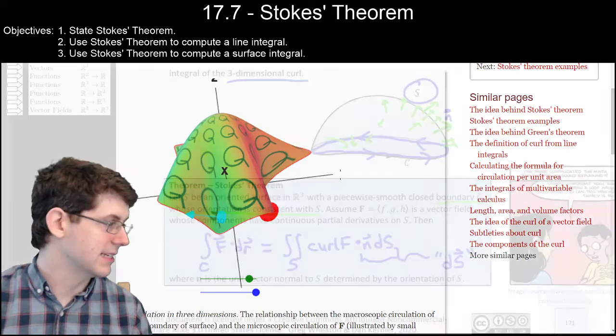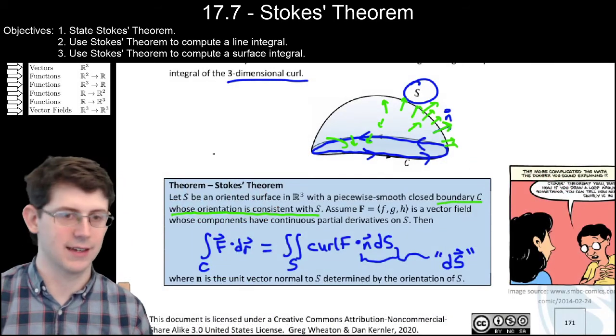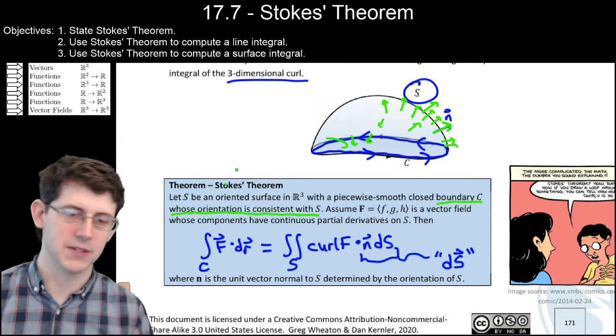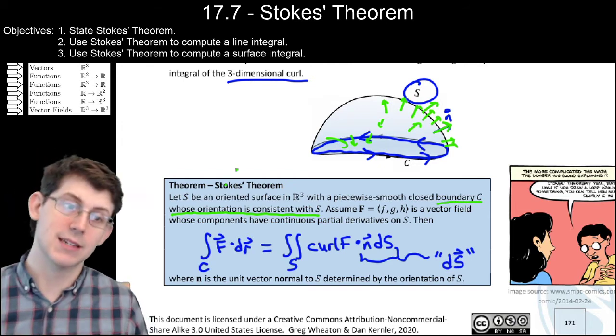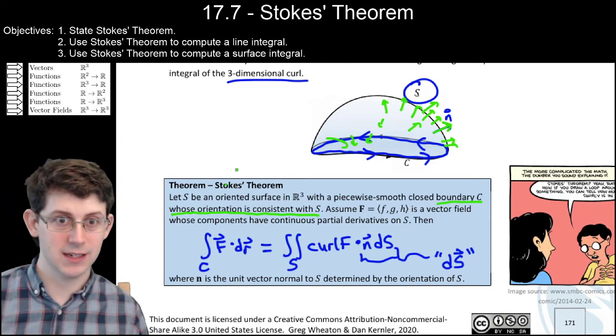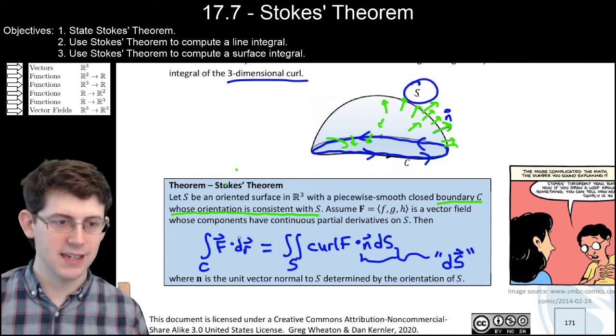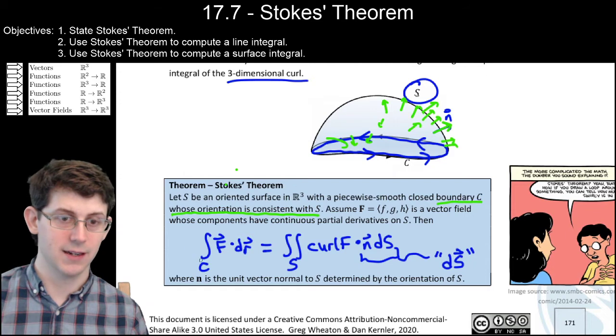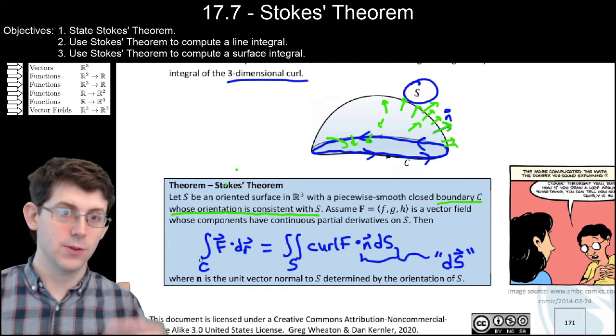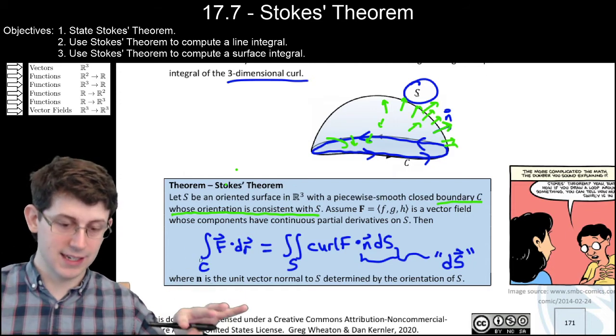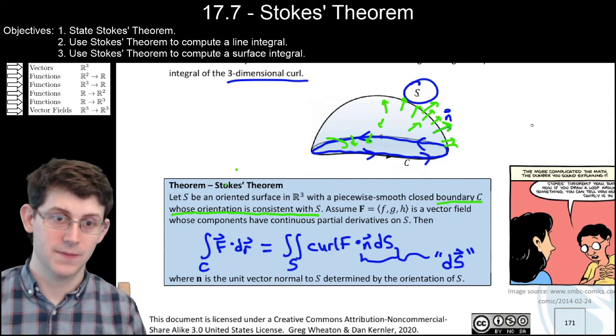Okay, I've spent a lot of time on that specific detail. That's not the hugest, most important detail. The most important detail is that you see how Stokes' theorem and Green's theorem are connected. Both of them say that to find the circulation of a vector field around a closed curve, you look at a 2D thing that's inside the closed curve.